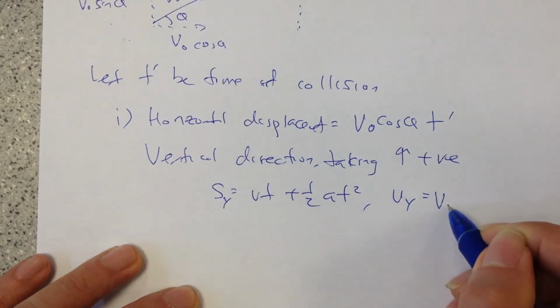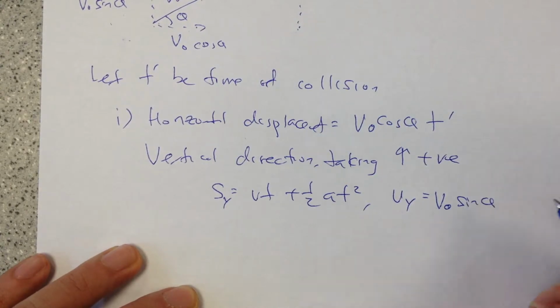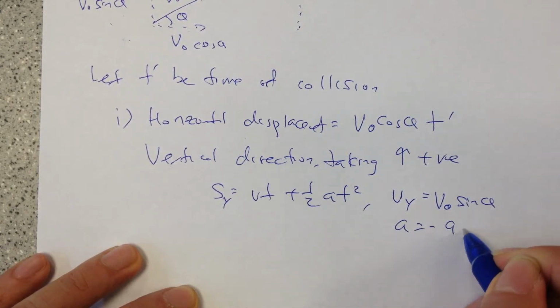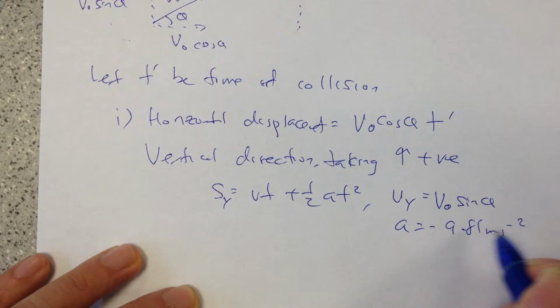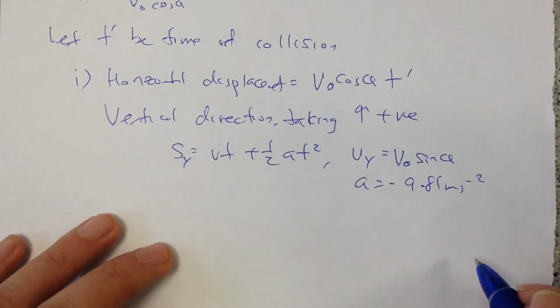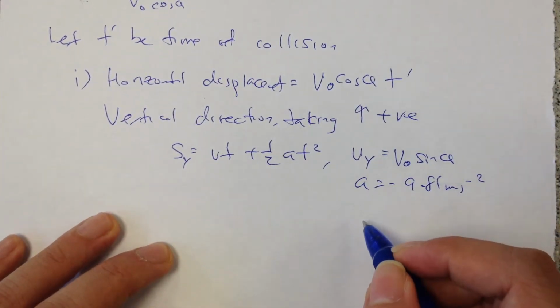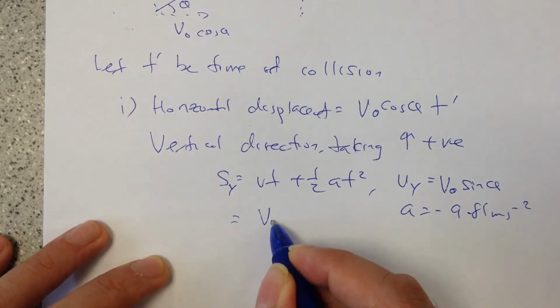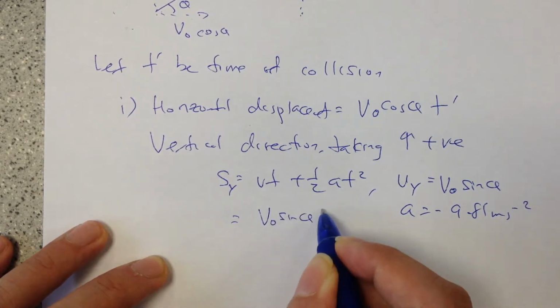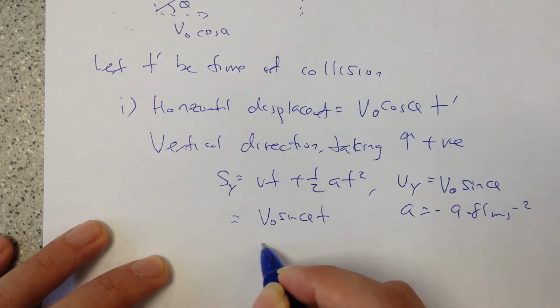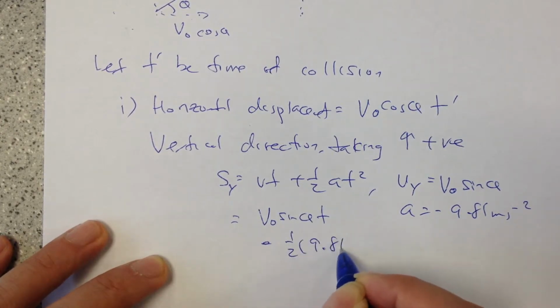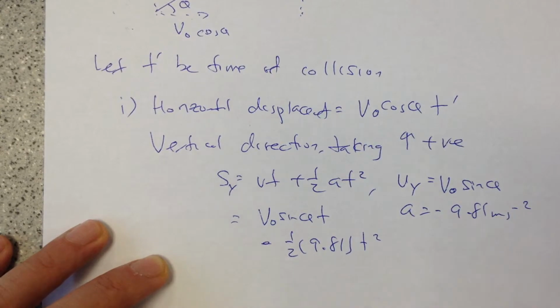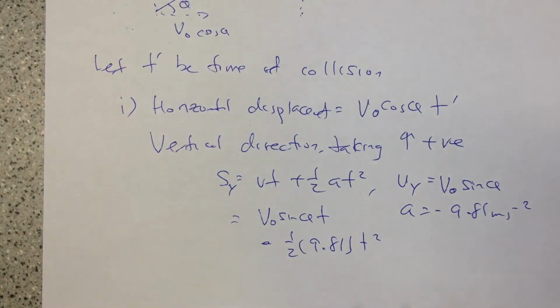This is minus 9.81 because it's pointing down for gravitational field strength. Now when you sub these values in, you get v sine theta t minus half 9.81 t square. Okay, so this will be your answer.